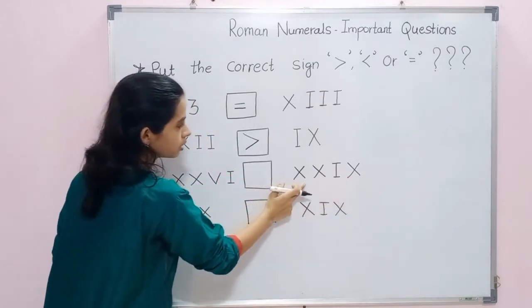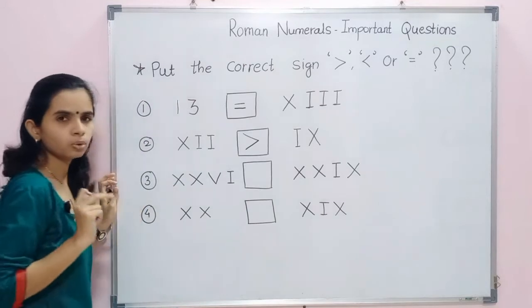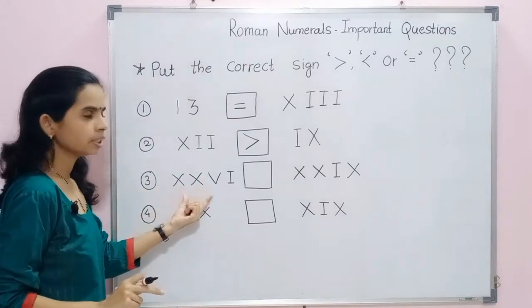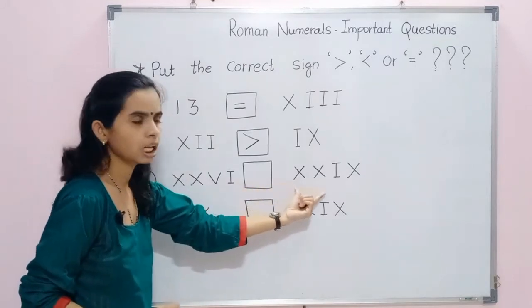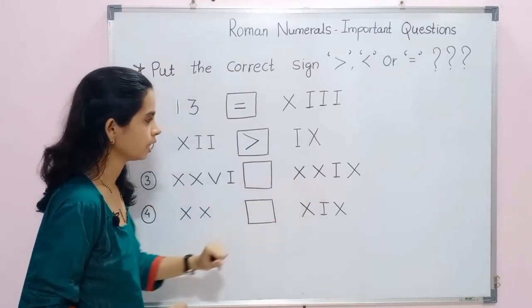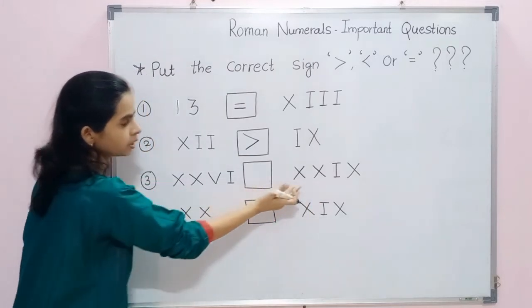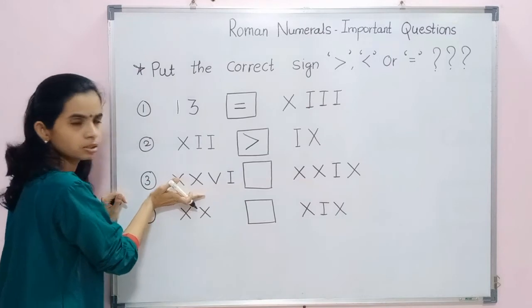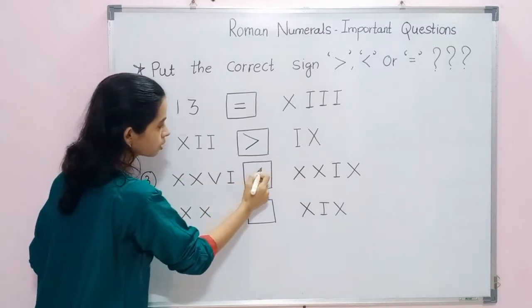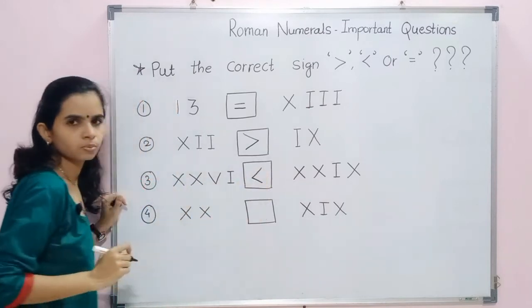So this symbol represents the value 29. 26 is always less than 29, so this number is smaller and this number is greater. We will put the less than sign here.